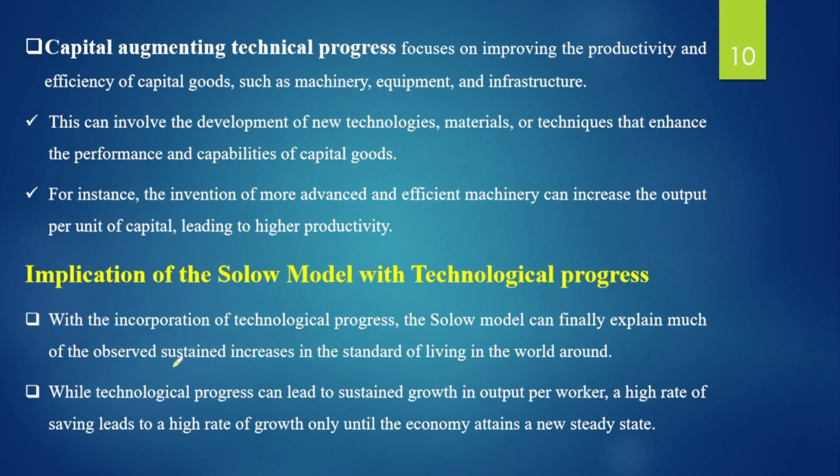The other one is capital augmenting technical progress. It focuses on improving the productivity and efficiency of capital goods such as machinery, equipment and infrastructure.